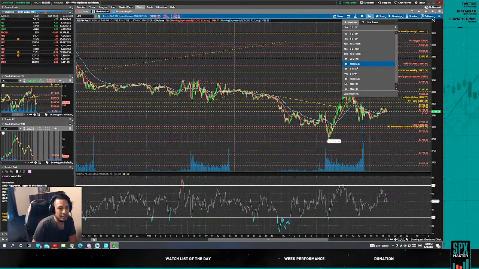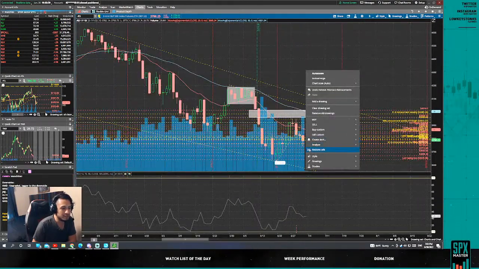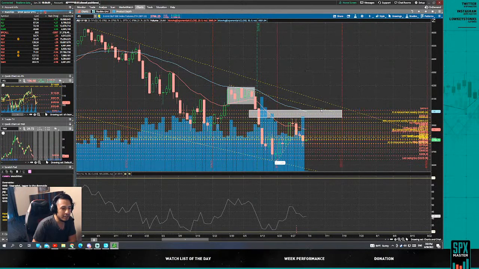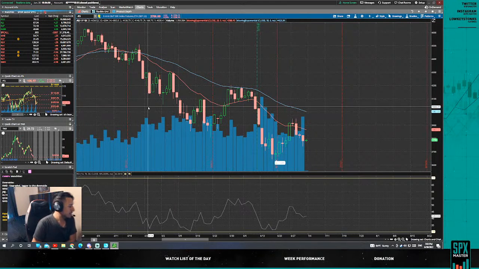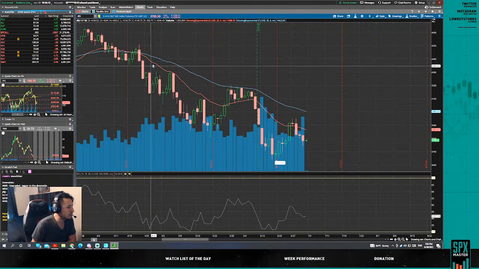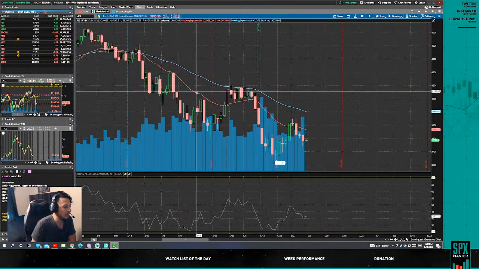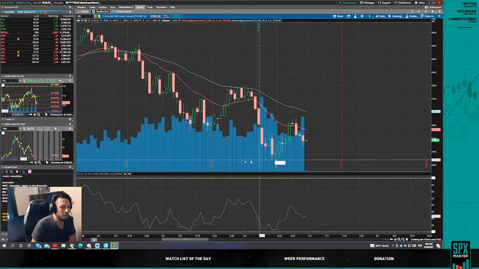Gonna go to the daily and do a little bit of clean slate, and kill all of our work. For reference, we're gonna use the 20 and the 50 EMA on the daily. Usually those are my EMAs to go on the weekly, on the daily, on anything, but they're gonna stay right here, and we're gonna start from there.